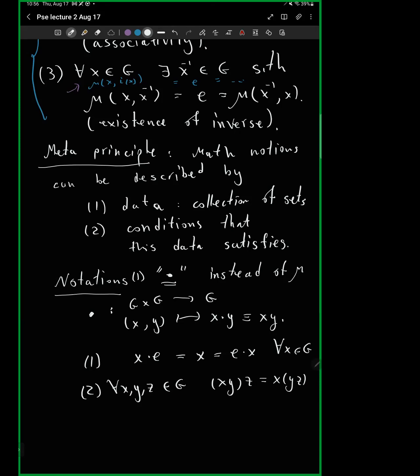This is what we call associativity. And 3, for every x in G, there exists x minus 1 in G, such that x times x minus 1 is e, which is also x minus 1 times x.